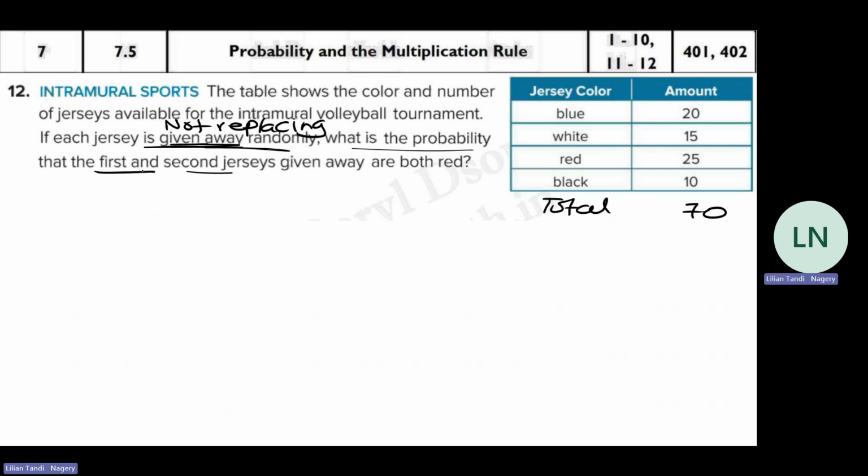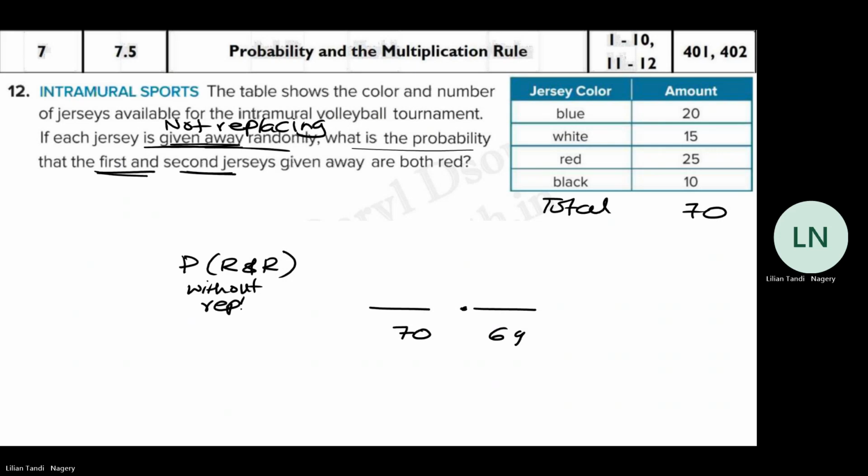So you're not replacing: 70 and 69. Probability of red and red without replacement equals probability of red multiply probability of red.